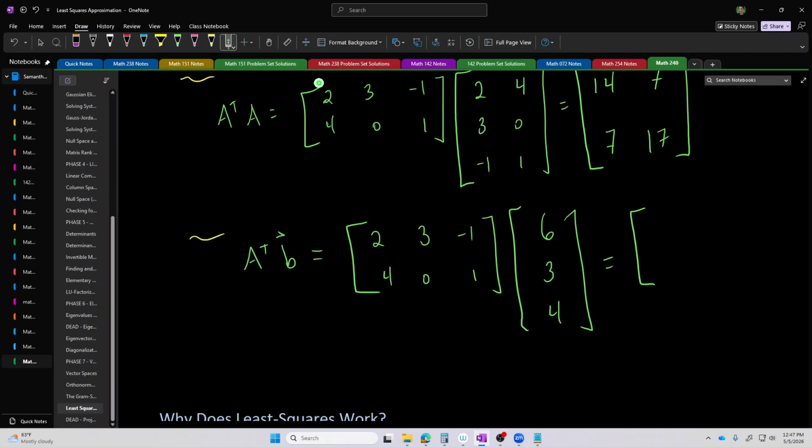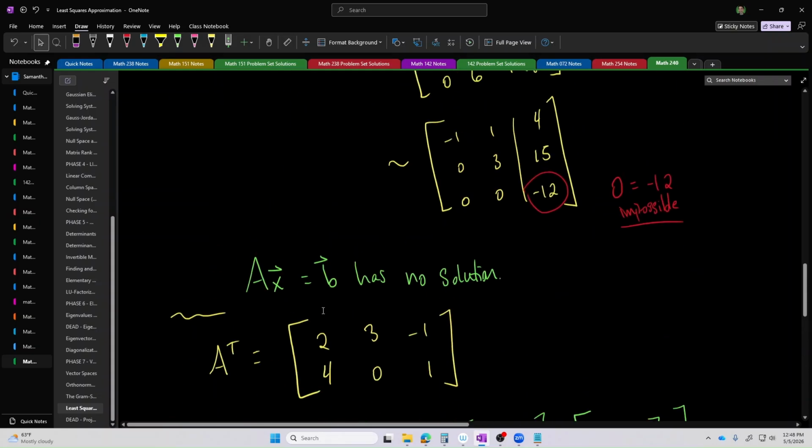So if I go through with this matrix vector product, I'm dotting this row with this column. So I get 12 plus 9, 21. 21 minus 4 is 17. And then this row dotted with this column, 24 plus 4, result 28.